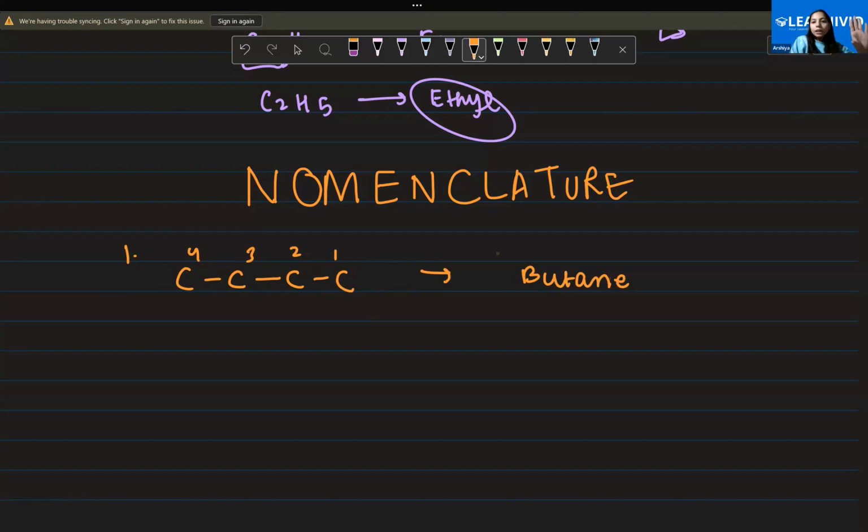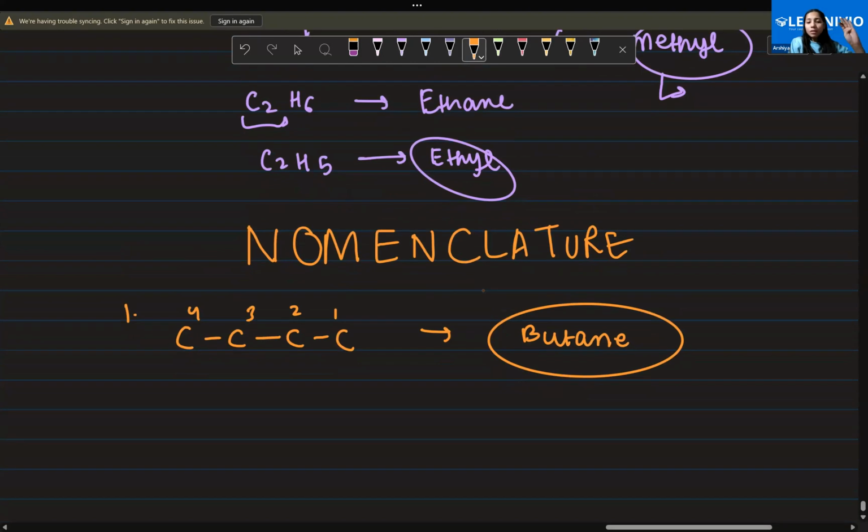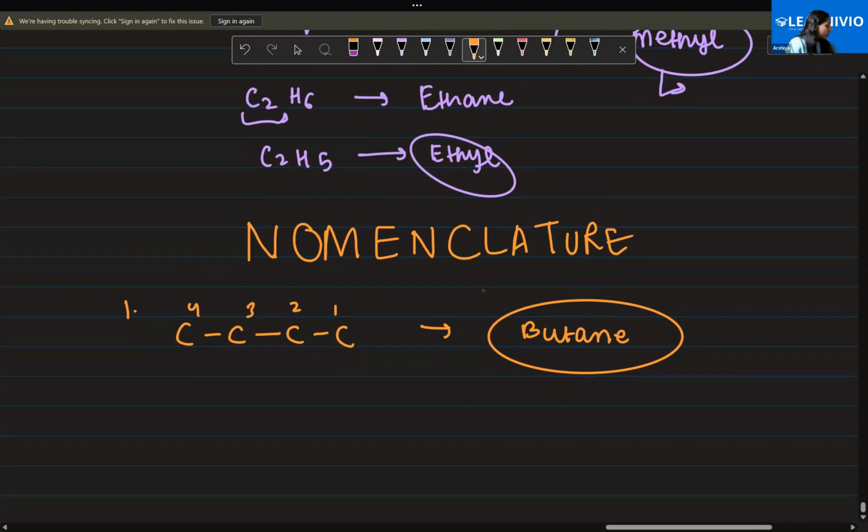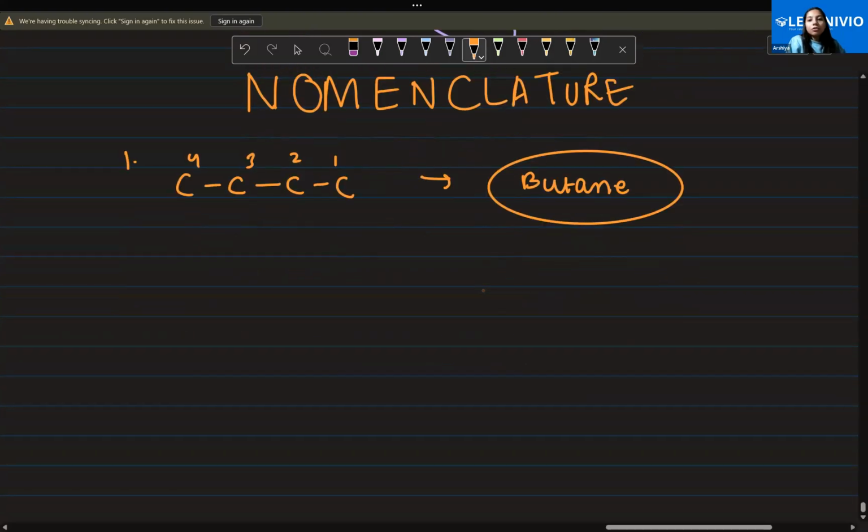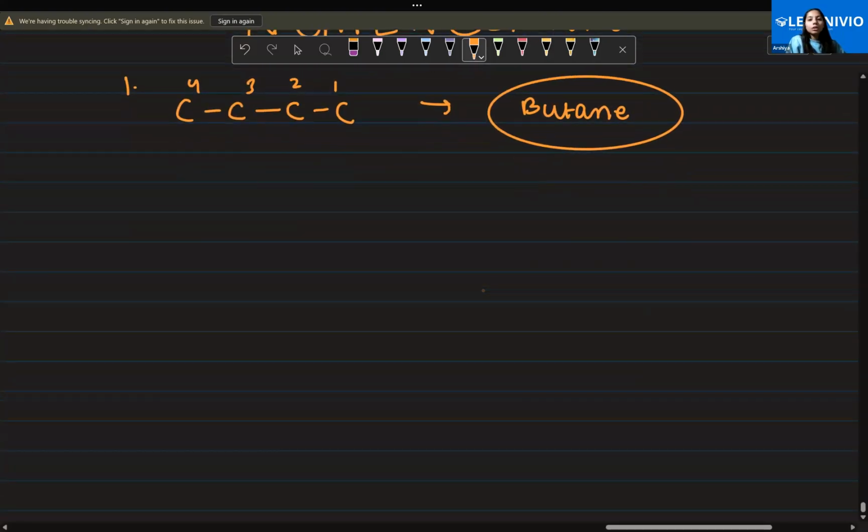This is nomenclature only. You've been doing nomenclature before you even knew you were doing nomenclature. But now we'll add the functional groups also. We'll add some functional groups and then we'll continue. Now we have a few rules for nomenclature.